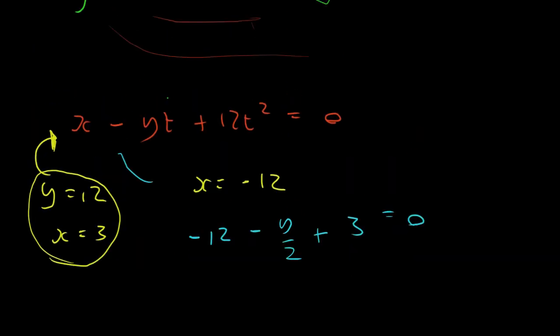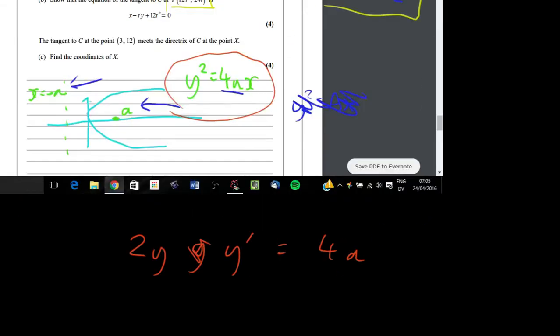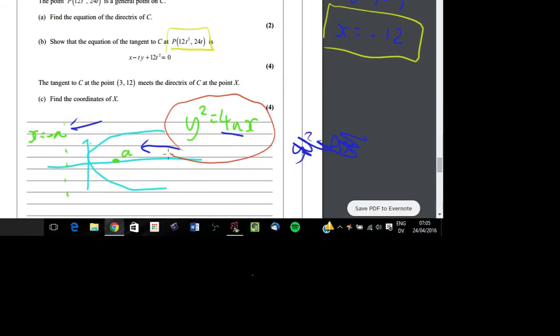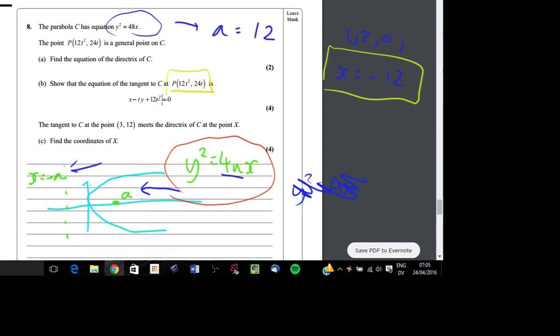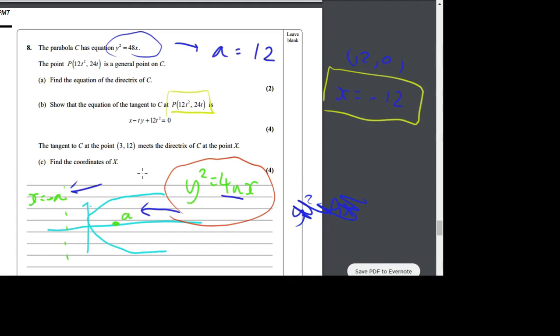Well, plug y into the equation. You get 9 times minus 12 plus 3, yep. It meets it at y coordinate 18. Of course, the x coordinate is going to be minus 12, just like it was on the directrix.